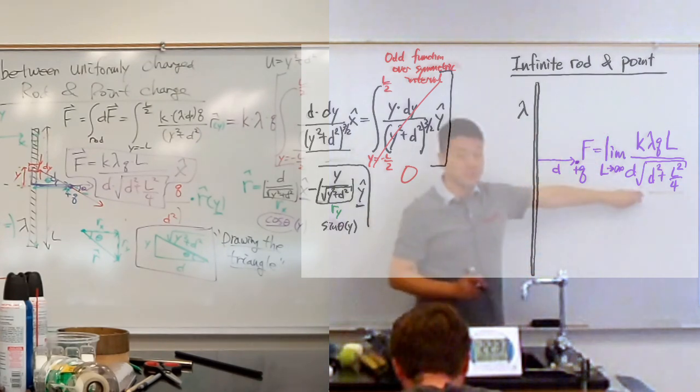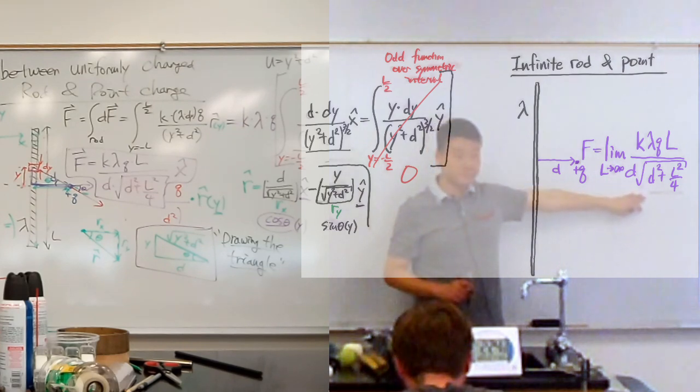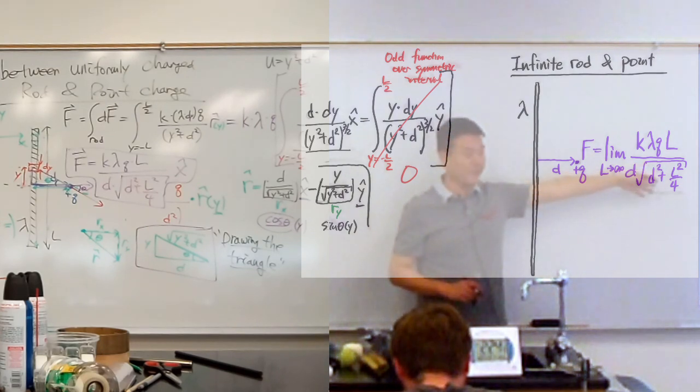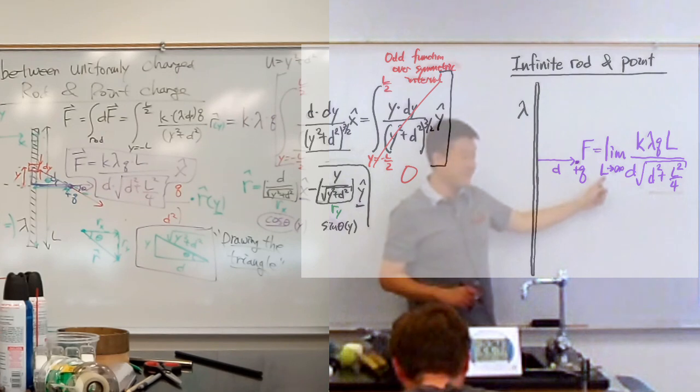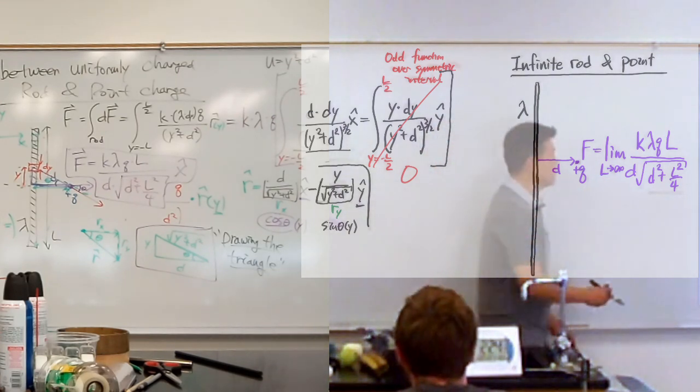What happens with this expression? Is there something you can ignore? What can you ignore? You can ignore D, since it becomes much, much smaller in comparison to the infinite quantity.